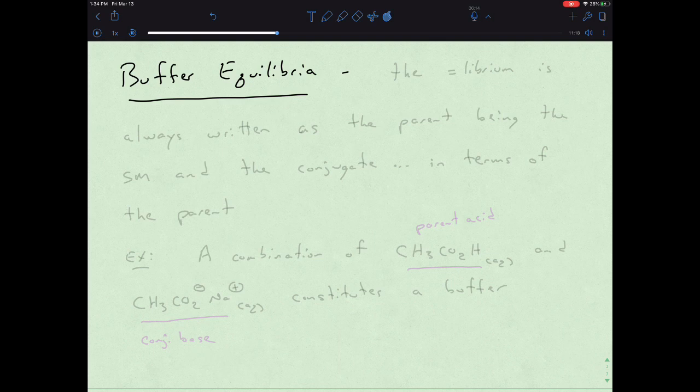So for buffer equilibria, the equilibrium is always written as the parent being the starting material and the conjugate being the product.